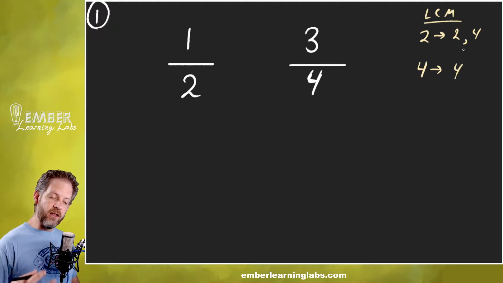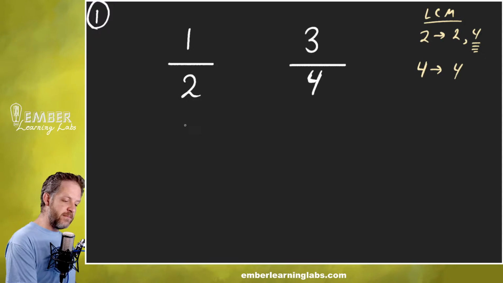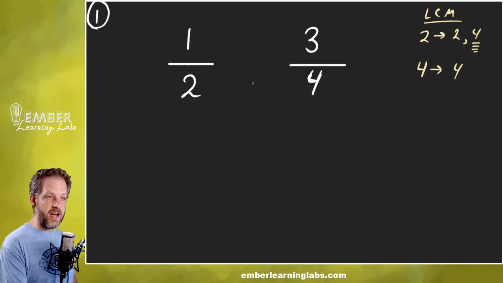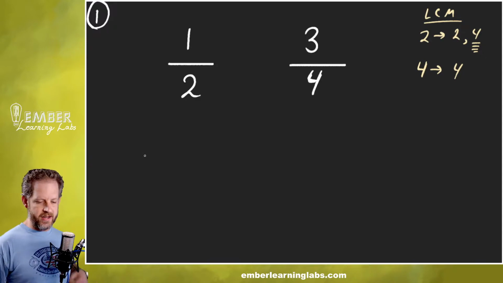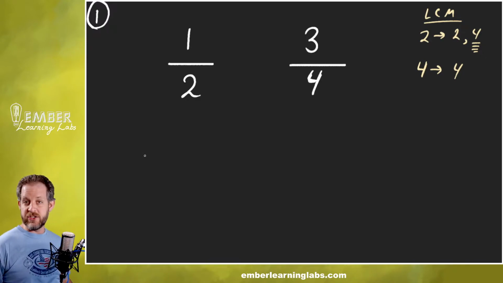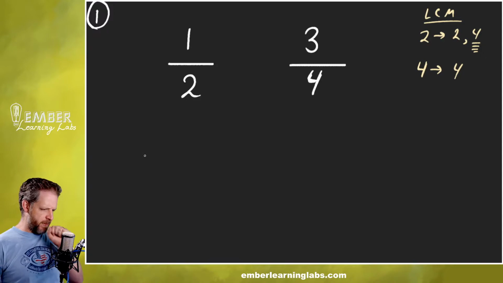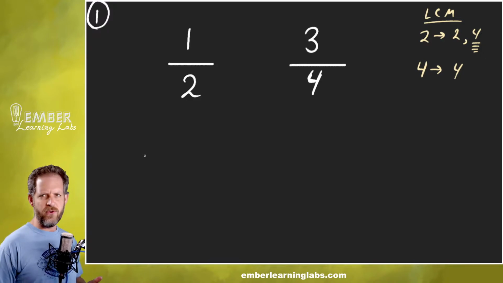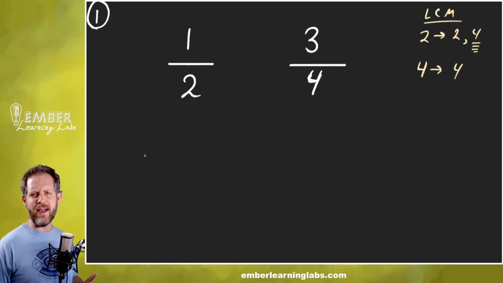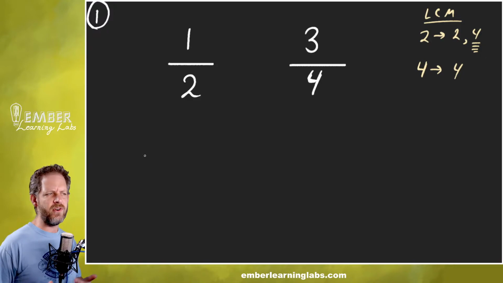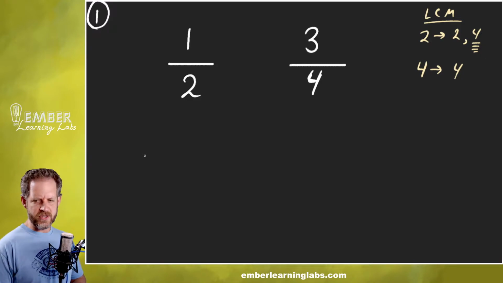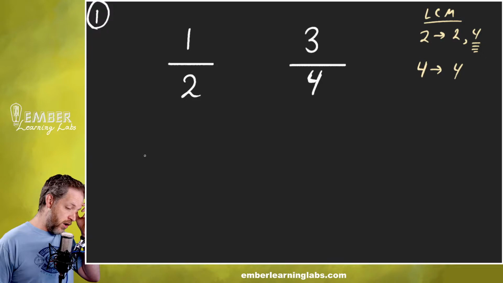So 4 is the least common denominator. So we're going to end up forcing both of these fractions to have a denominator of 4, okay? And we'll look at what this means in just a second, with our pie piece fractions and equivalent fractions and all of those kinds of things.